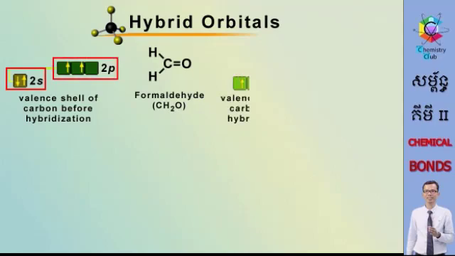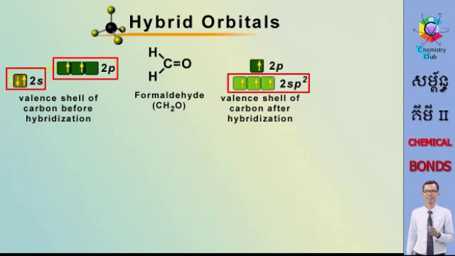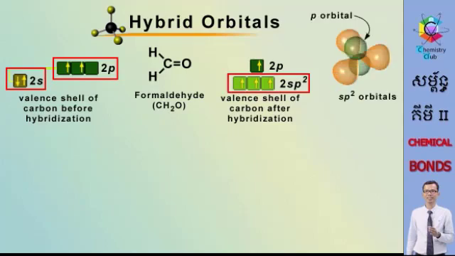When the atom hybridizes, one of the electrons in the 2s orbital is promoted to the empty 2p orbital to give 4 half-filled orbitals. The 1 electron still in the s orbital and 2 of the p orbitals hybridize to form 3 sp2 orbitals. The remaining p orbital retains its characteristics.